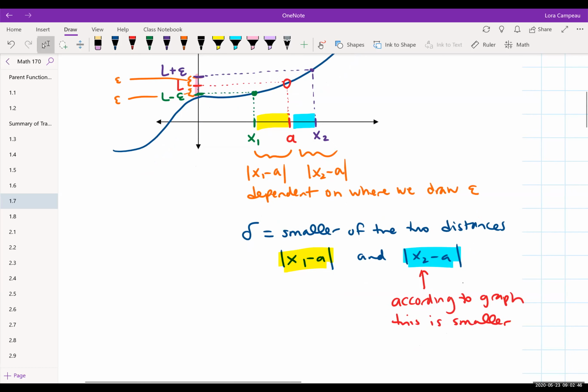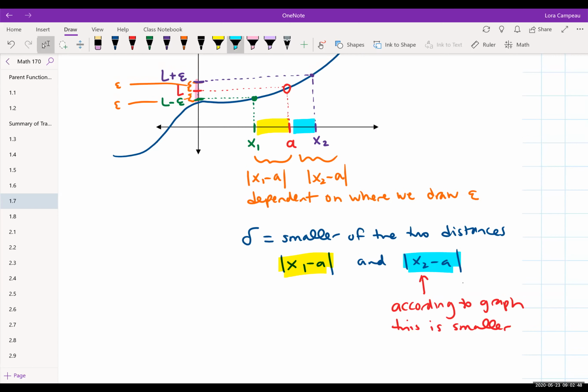And if we stay within this distance, as long as we choose the smaller distance, it's about that long, we are guaranteed to be within the limit.